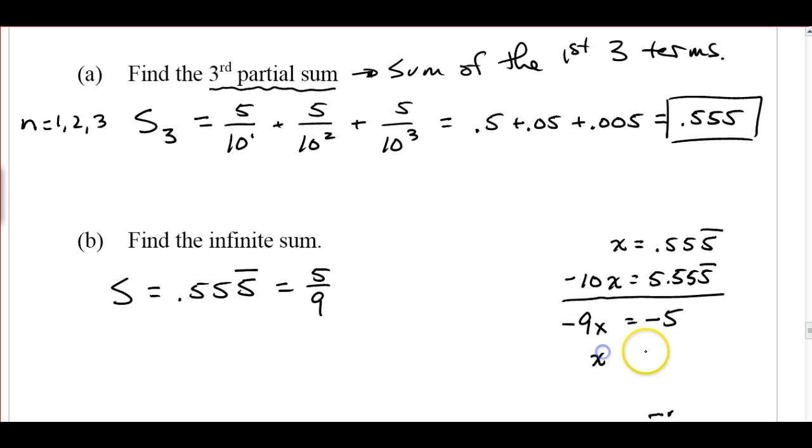And then if I divide by negative 9, I get x is 5/9. So that's just a little review of how to change that repeating decimal into a fraction.